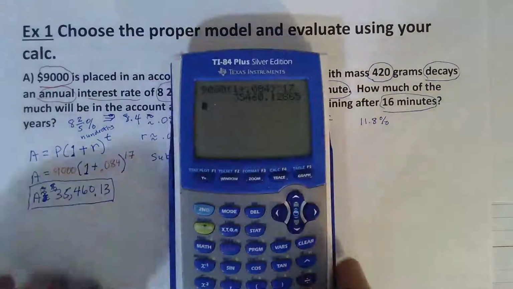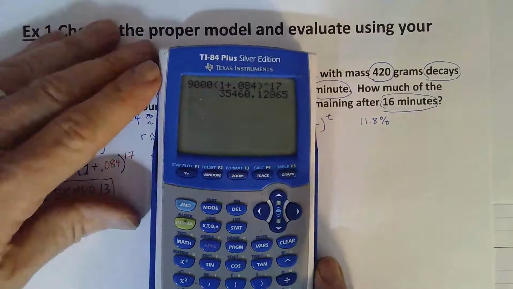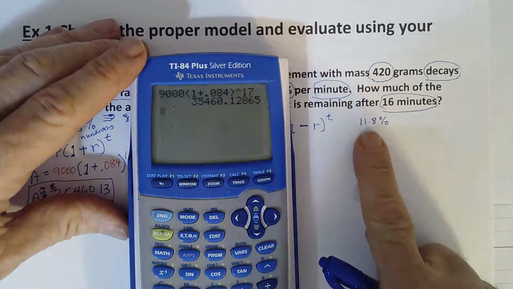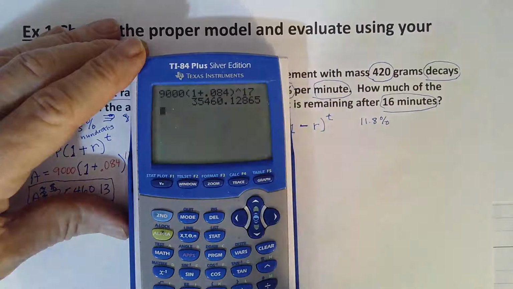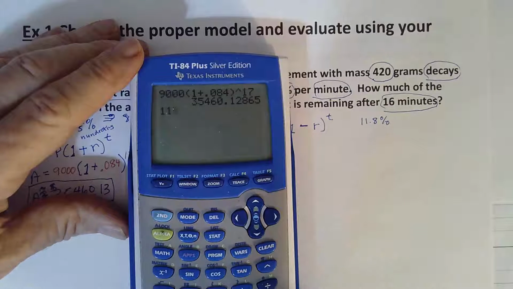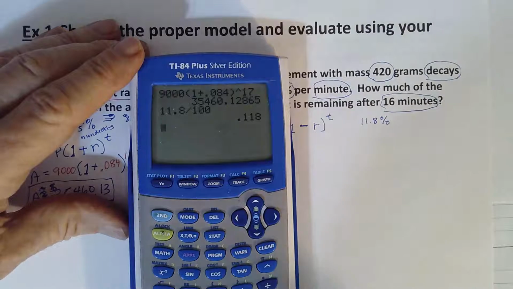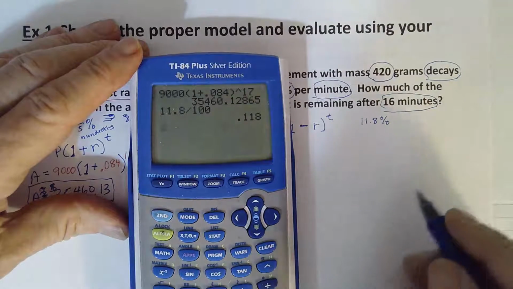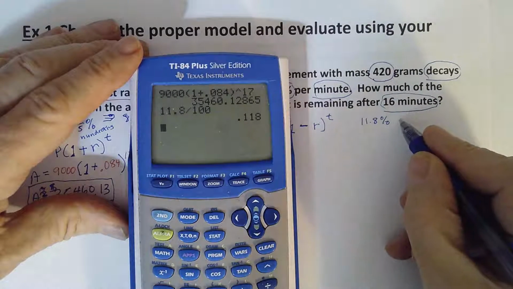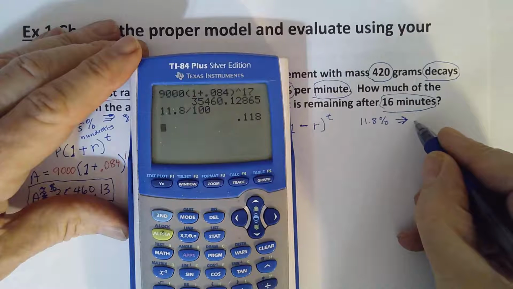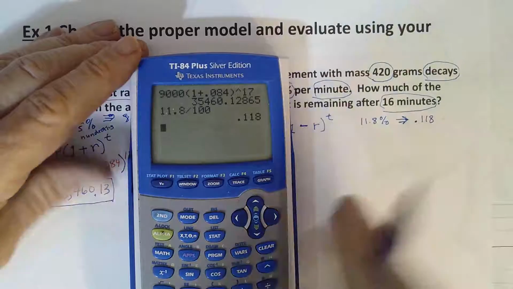So take the whole thing, 11.8, and divide it by 100. You'll see that we've just moved the decimal over 2 spaces, and now it's 0.118. So convert to decimal, and you get 0.118.